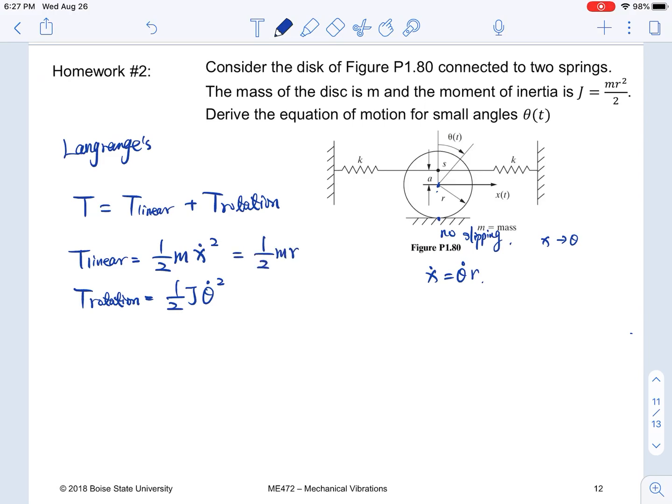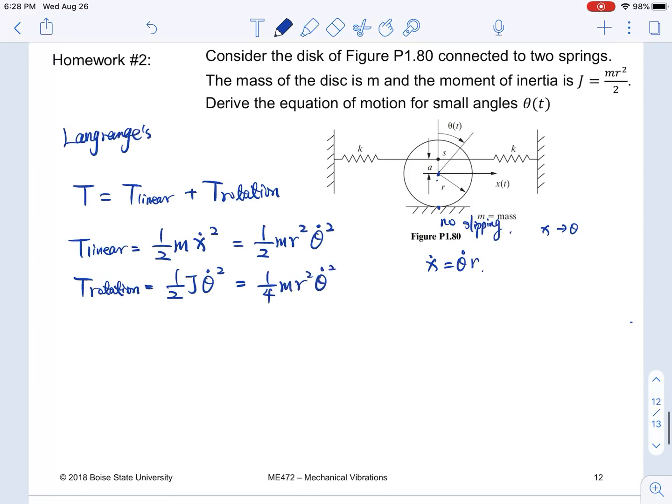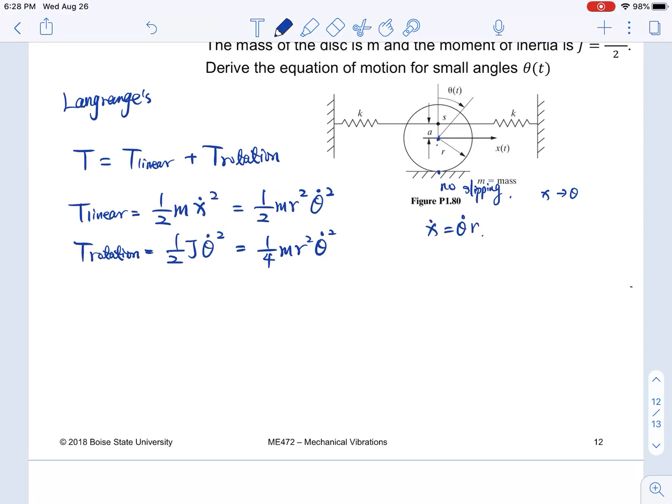So everything becomes half m r squared theta dot squared. And then we can also plug J back into the equation. It has 1/4 m r squared theta dot squared. Okay, so by summing these two together, our T is just 3/4 m r squared theta dot squared. So that's the kinetic energy.